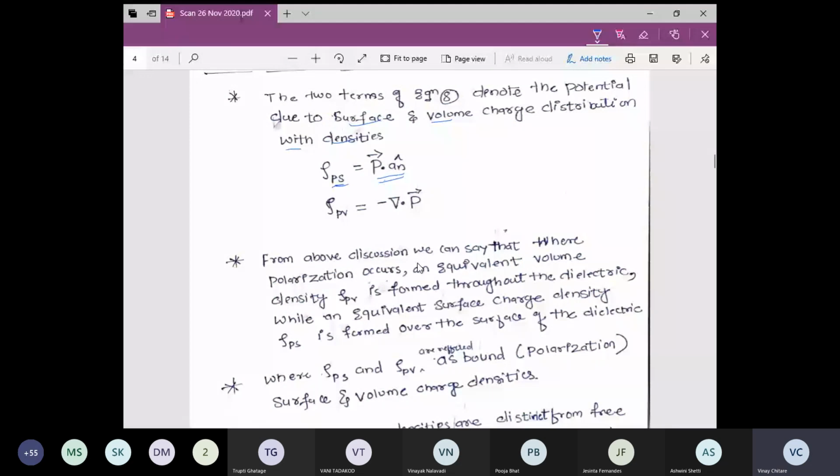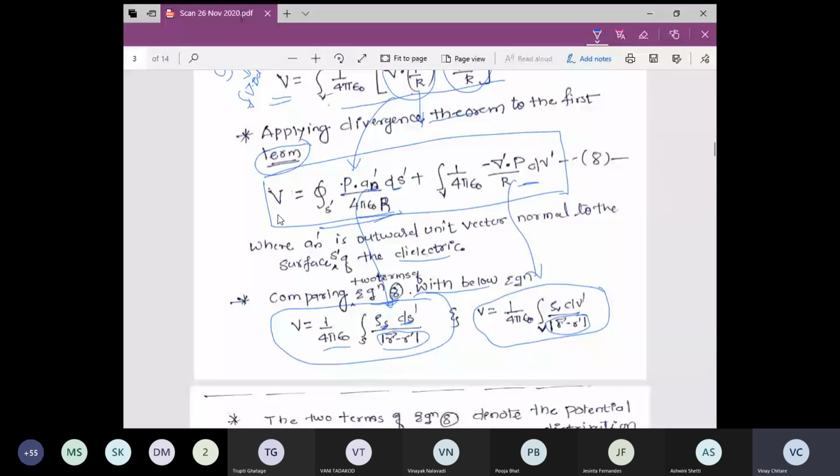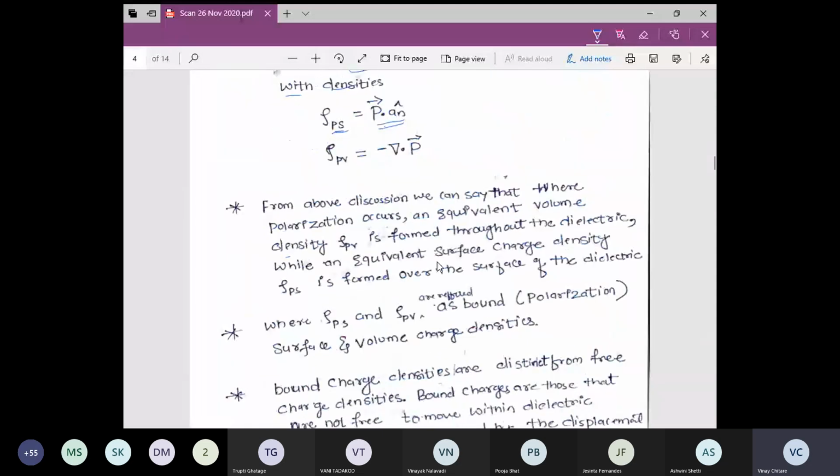So what does it mean? The potential field due to the dielectric material is due to two charge distributions: one is the surface distribution, and the other is the volume distribution. I should write it as rho_ps, and I'll tell you why.